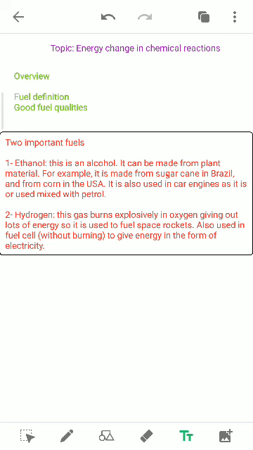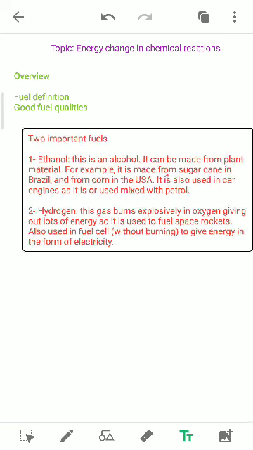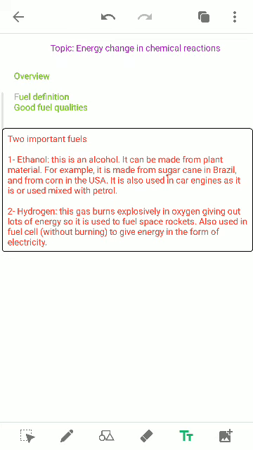So ethanol is basically a form of alcohol. You don't need to go into the detail of what alcohol basically is. We'll be covering this in the coming chapters. So you just need to understand what the good fuels are. You should be able to name these fuels and know how we get them.